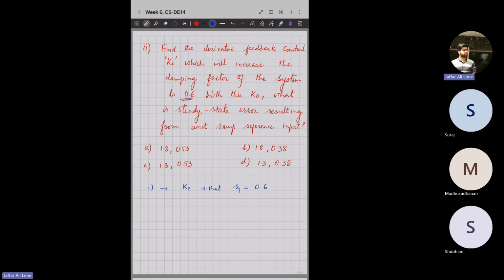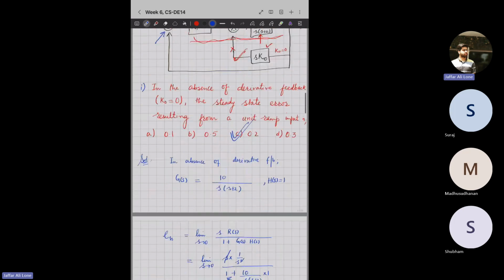So first we have to find this K naught, and after this we have to find the steady state error resulting from a ramp input. It is a unit ramp, so we take 1 by s square. The question is very interesting. Why? Because we just have to solve the loop. That's the main concept behind it.